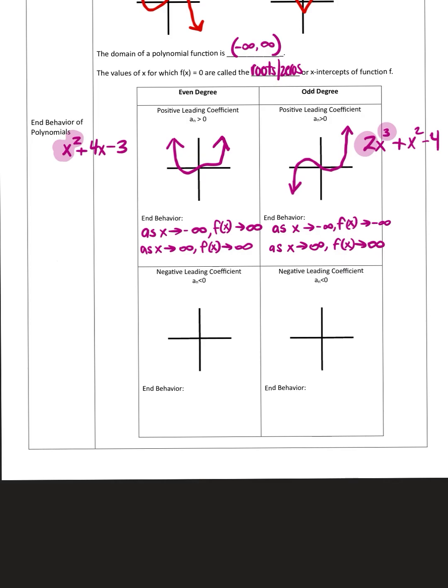So again, this may look like a function like this, but instead of our leading coefficient being positive this time, it's now going to be negative, all right? So we're going to have a negative leading coefficient and an even degree. And both sides will be facing downward, okay?